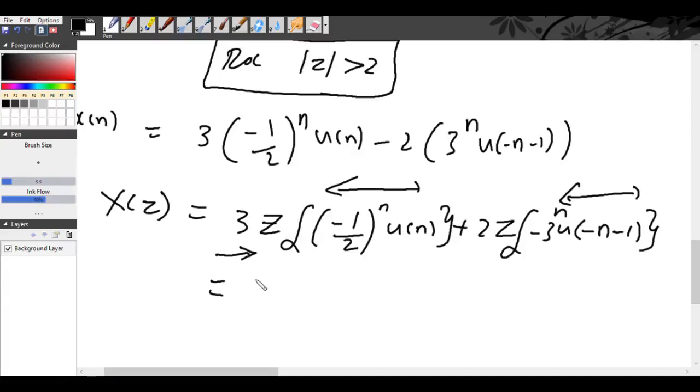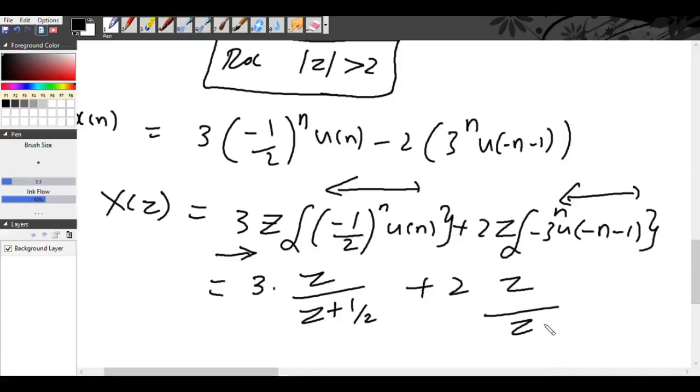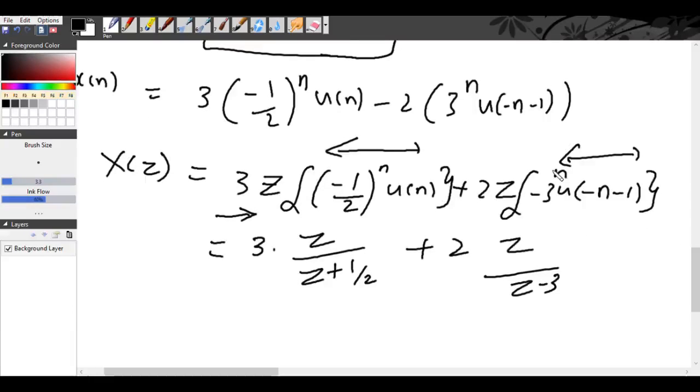So I can write 3 into z by z plus half, plus 2 into z by z minus 3, right? Again the same thing.